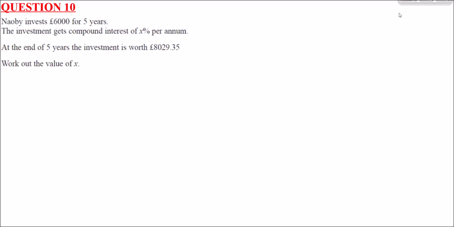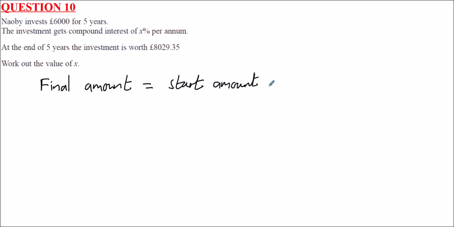My suggestion here is to try and link it back to what we know already about compound interest questions. So what I'd like you to remember here is that for compound interest, generally speaking, the final amount always equals the start amount multiplied by the decimal multiplier, as I call it.